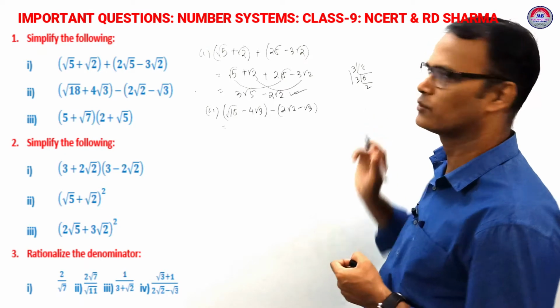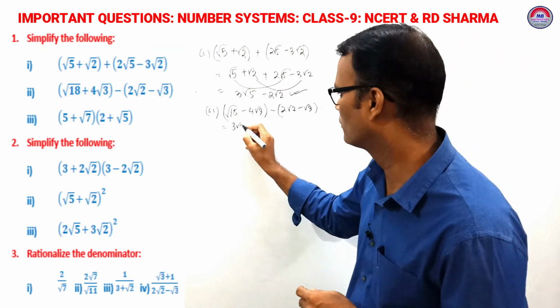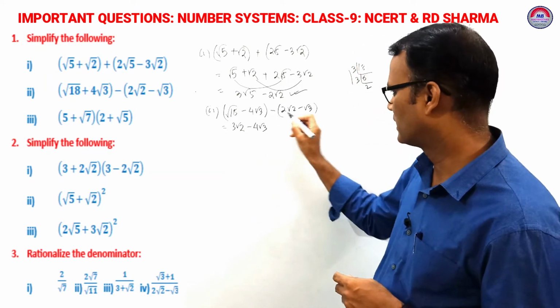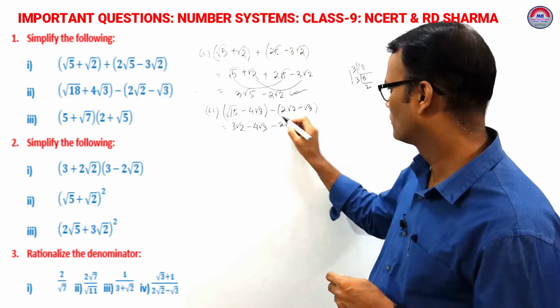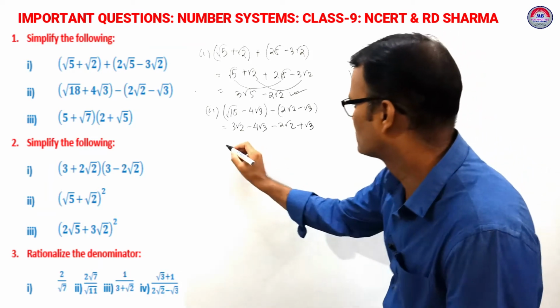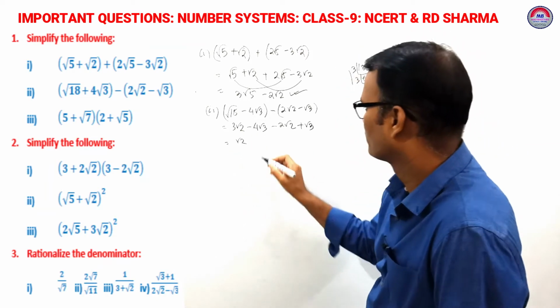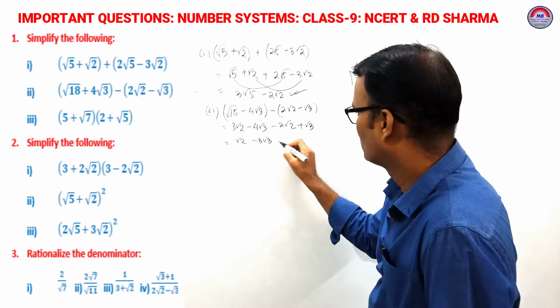That means root 18 is 3 root 2. You can write 3 root 2 minus 4 root 3. Multiply the negative sign with this one: minus 2 root 2 plus root 3. Now see, this is 3 root 2 minus 2 root 2, root 2, minus 4 root 3 plus root 3, minus 3 root 3. Okay, that is the answer.